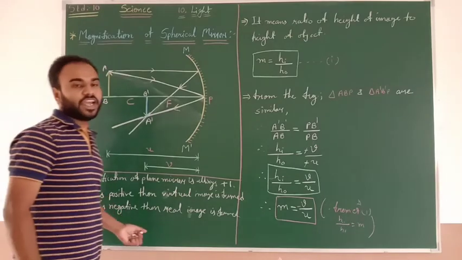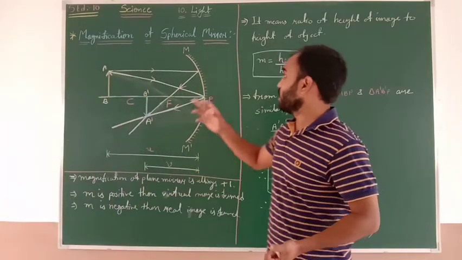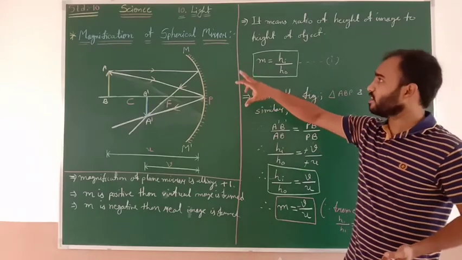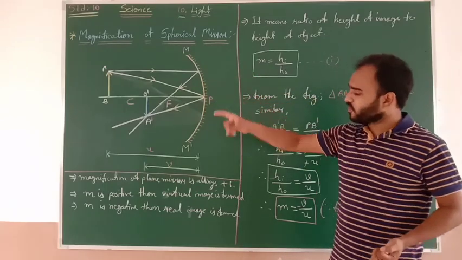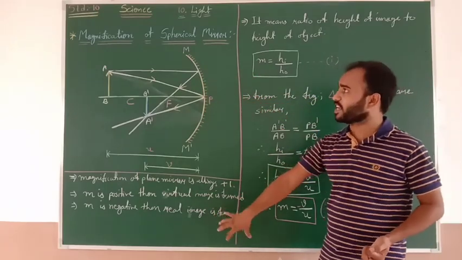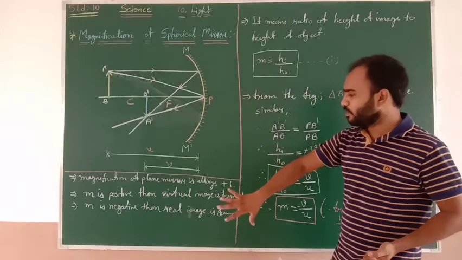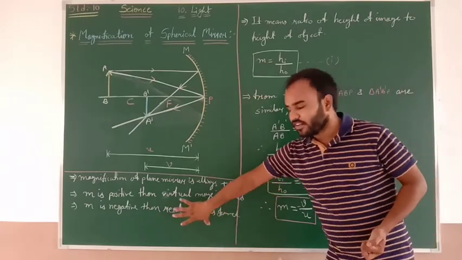So when the value of magnification we are getting is positive for a spherical mirror, the image will be virtual, and if we are getting the value of magnification negative for a spherical mirror, the image will be real.